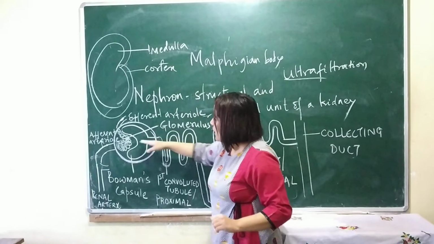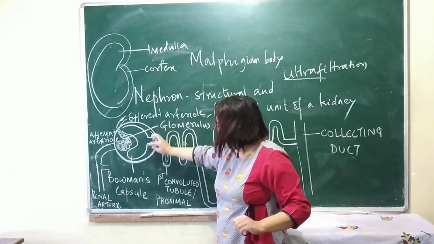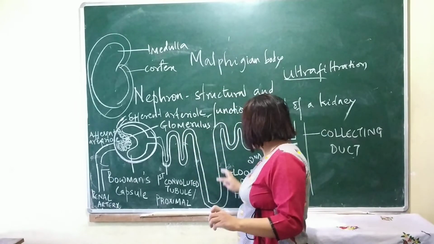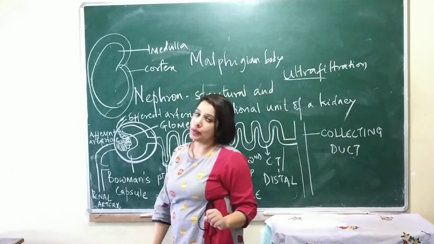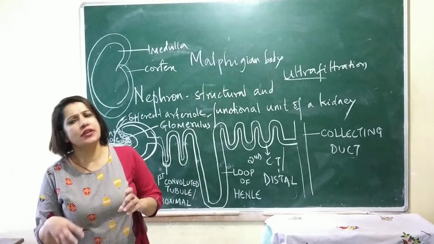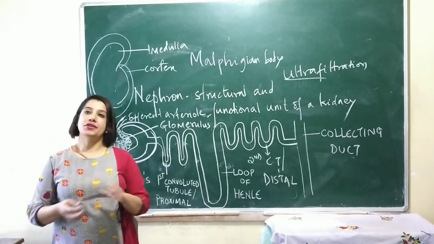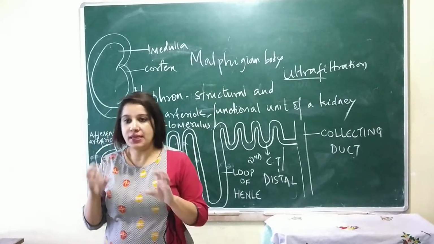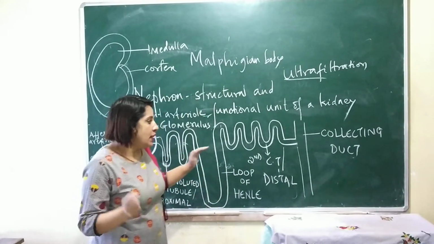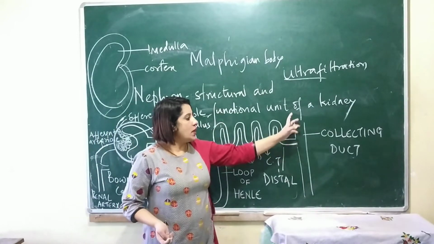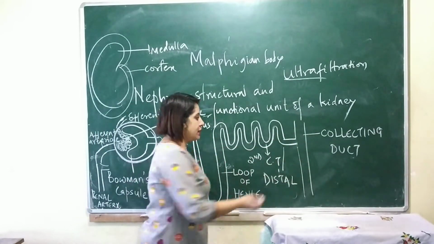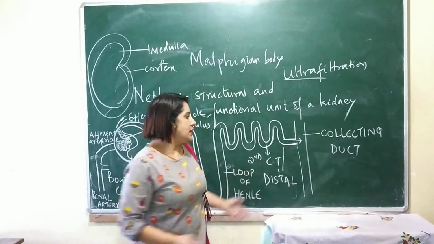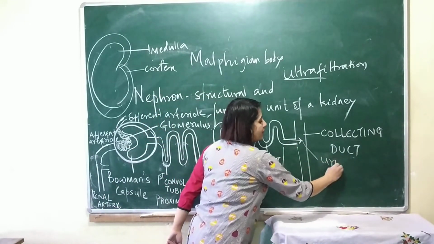Now, whatever waste products have come out pass through the proximal tubule, the loop of Henle and distal convoluted tubule. Whatever is required by the body is reabsorbed. And finally, only when it enters the collecting duct is it known as urine.